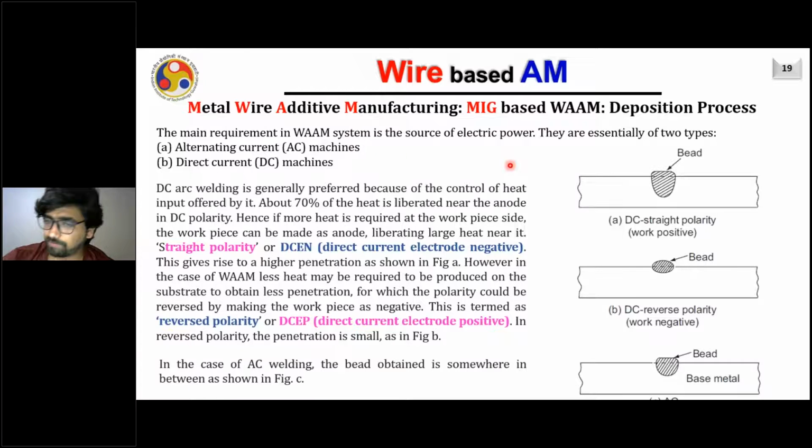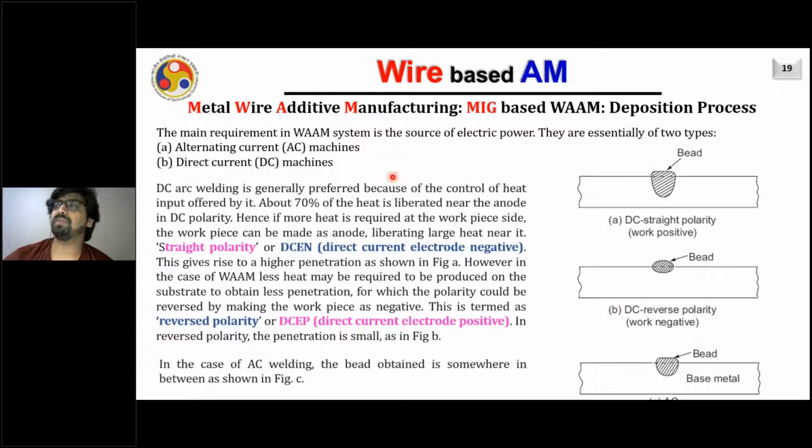There are two types of polarity we can use in the case of the welding power source. It could be AC welding, alternating current machines, or direct current machines. What happens in the case of direct current arc welding, or DC arc welding? It is generally preferred, particularly in MIG welding, that we generate 70% of the heat near the anode, right?